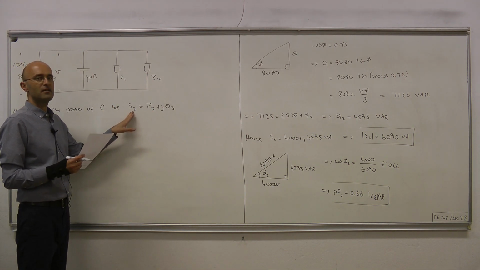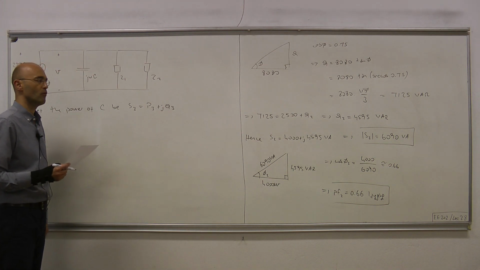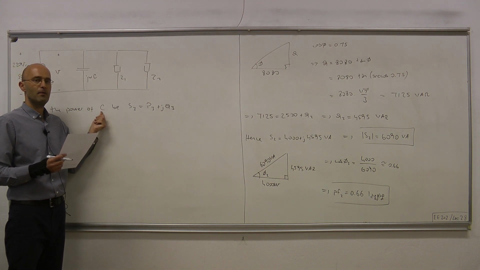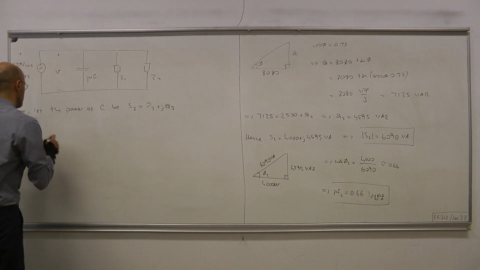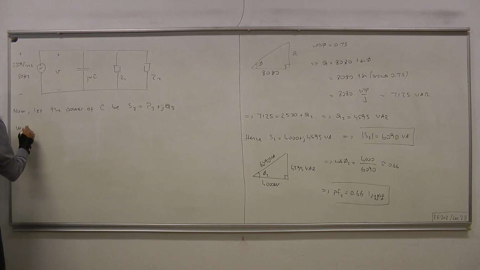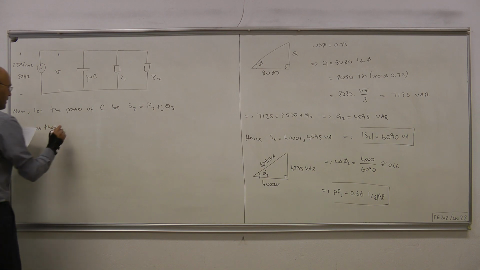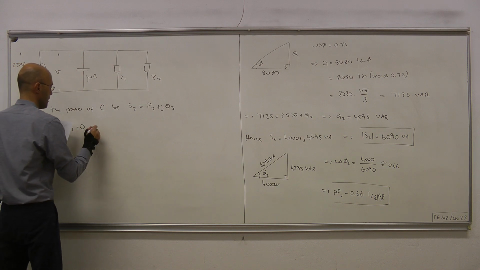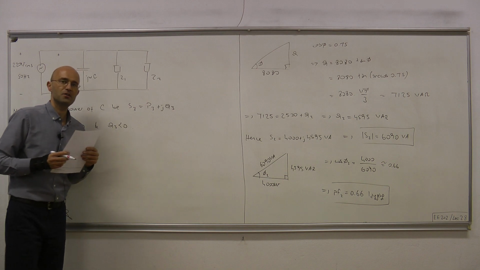Therefore, S3, the complex power, is purely imaginary, which is jQ3. Moreover, we know that Q3, since it's the reactive power of a capacitor, has to be negative. The average power of the capacitor equals 0, and the reactive power is negative.